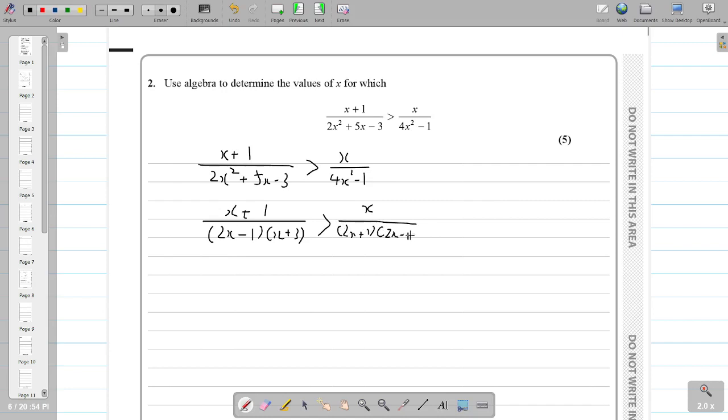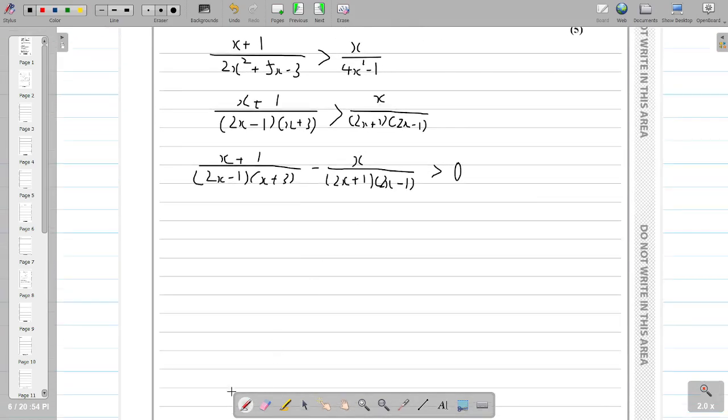Now to solve a rational inequality, you basically have to set one side equal to 0, so we're going to have to subtract this from both sides, so we're going to end up with x plus 1 over all of that minus this right-hand side is greater than 0. Right?